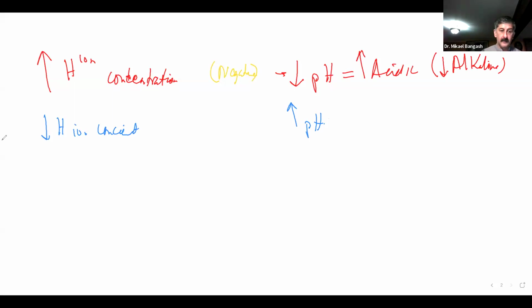Whereas when we say a low hydrogen ion concentration, we have a great pH. And what is that great pH going to mean? That something is going to be less acidic. And when something is less acidic, it's going to be more alkaline.